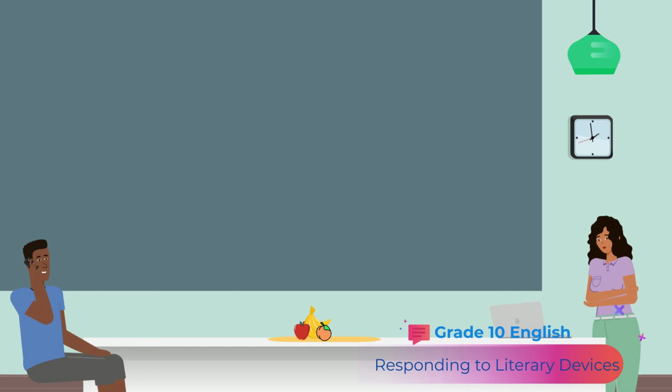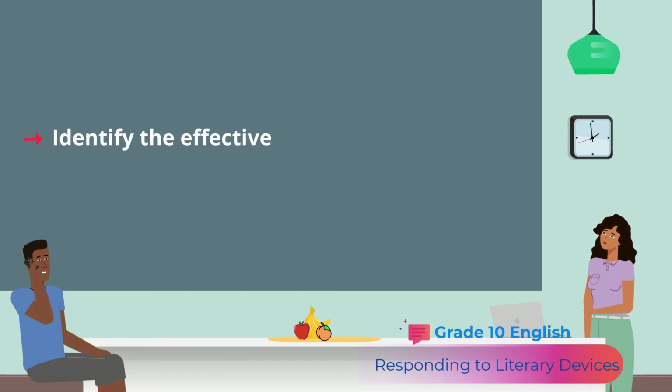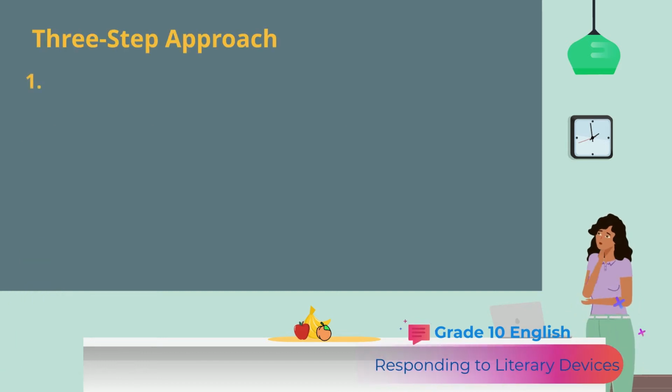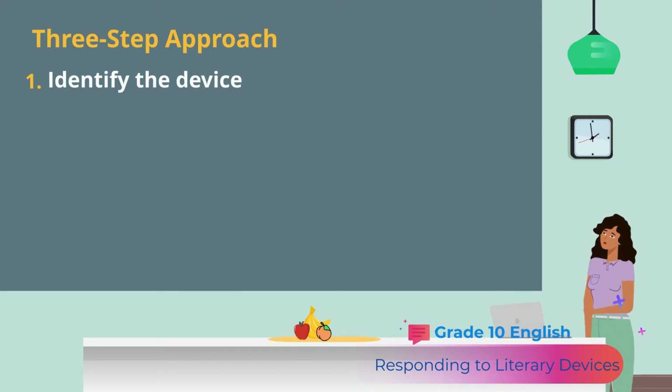The answers to that question are important because they will help us to identify the special effects of devices. Before we get to the effectiveness of devices, it is important to do two other things. Firstly, you have to identify the device.